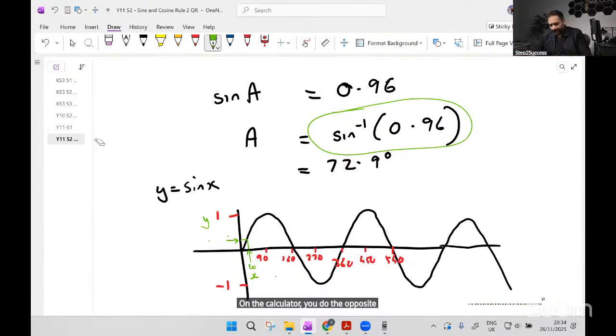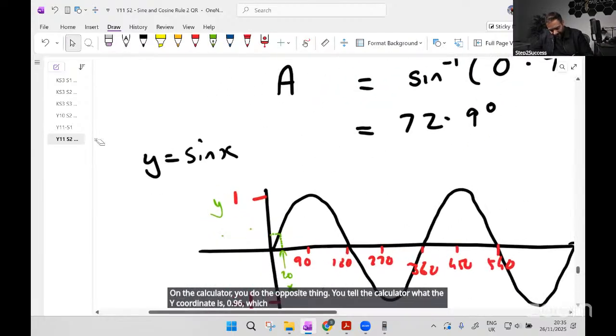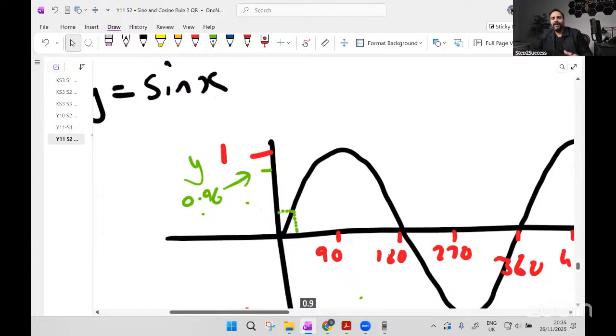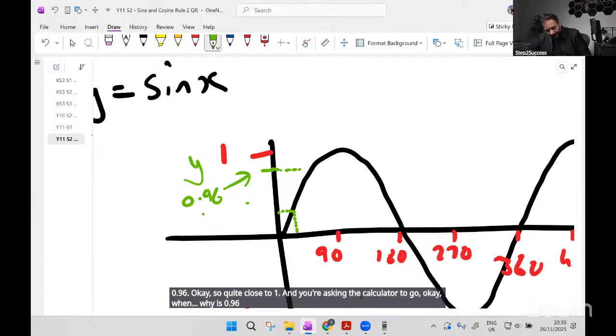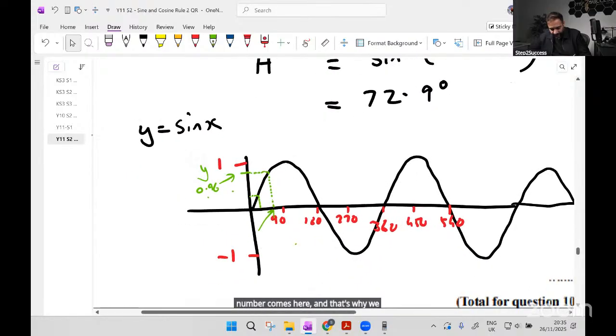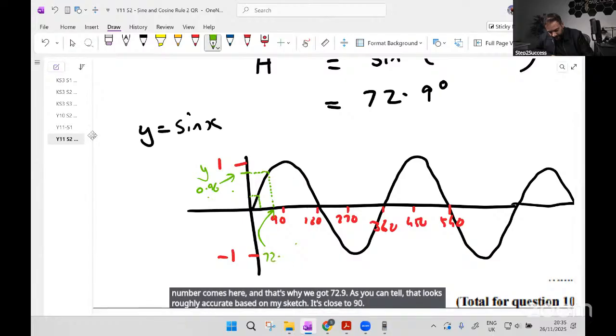You tell the calculator the y coordinate, 0.96, which is quite high up, quite close to 1, and you're asking, when y is 0.96, what is the x coordinate? The calculator goes to the graph, reads across until it hits the line, reads down, and tells you what number comes here. That's why we got 72.9. That looks roughly accurate based on my sketch. It's close to 90.